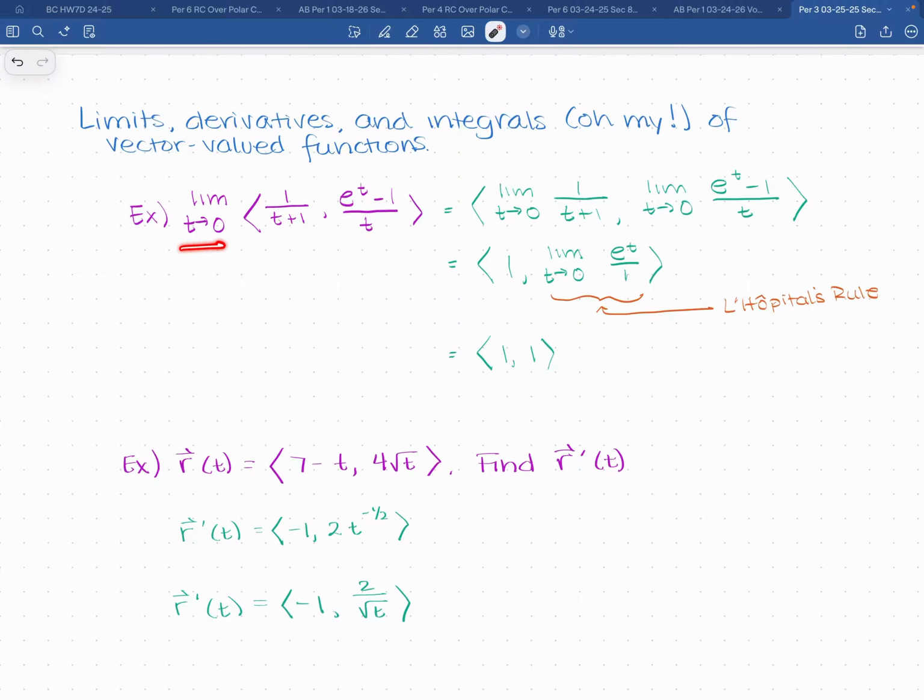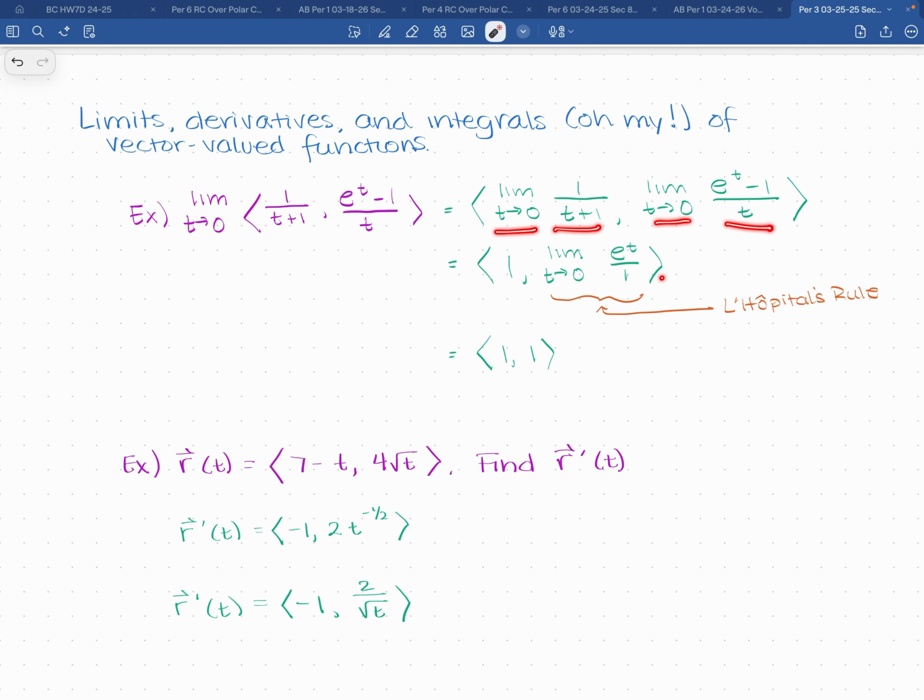If you want to take the limit of this vector, then just do the limit of the horizontal component and the vertical component. And again, they're vector valued functions because the components themselves are real valued functions. So take the limit of the horizontal, limit of the vertical.